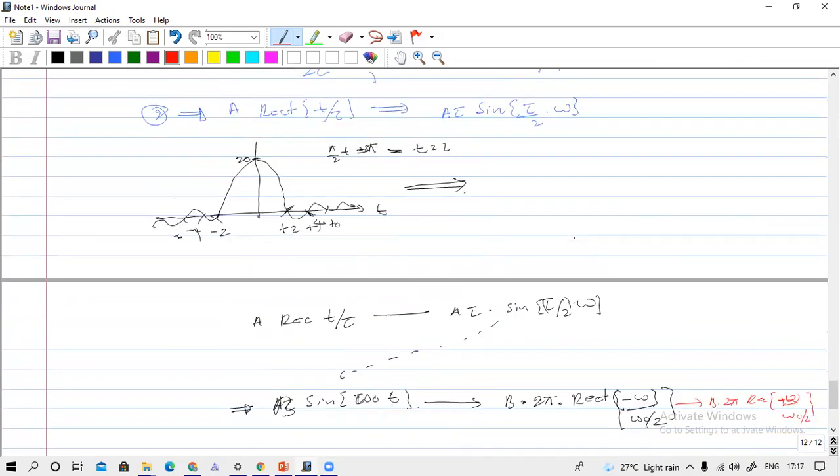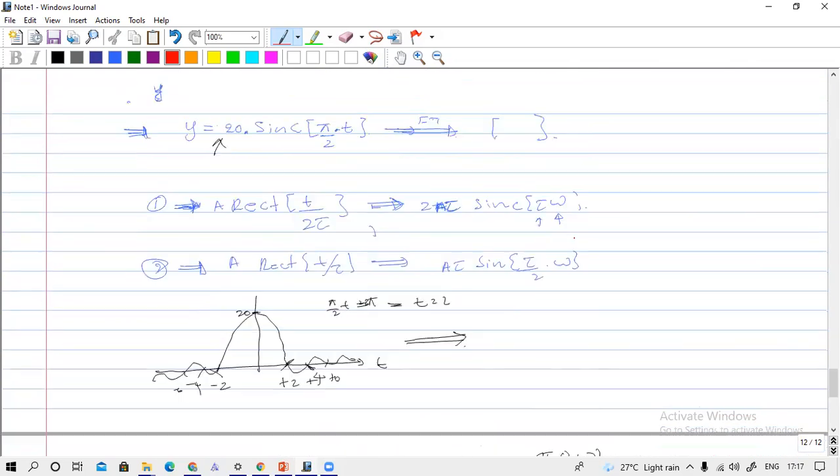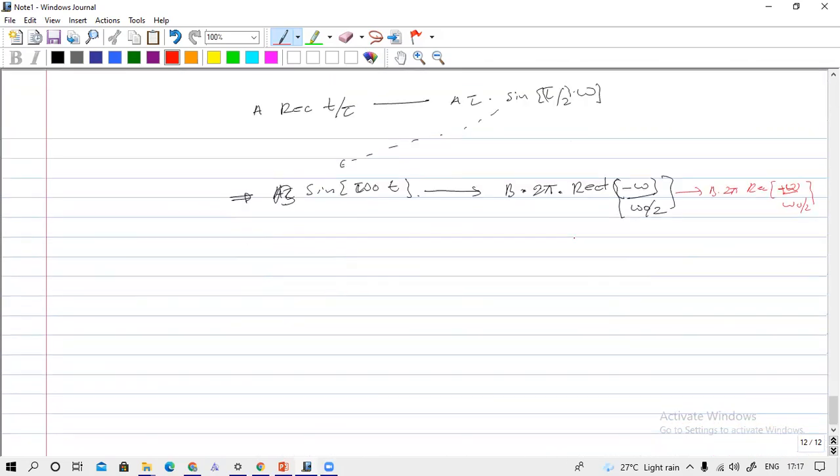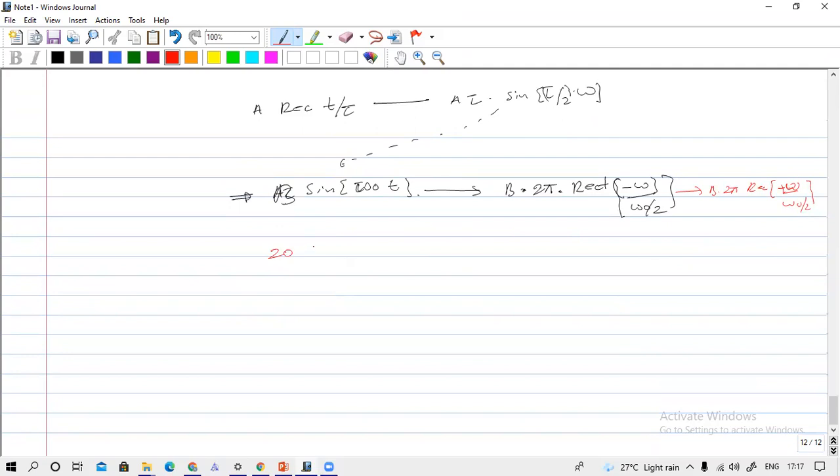What is our signal? 20 Sinc 5 by 2 t. So we are given 20 Sinc 5 by 2 t, so our omega naught is 5 by 2. Because of our duality property, if we have capital X(t), we have 2π X(minus omega).